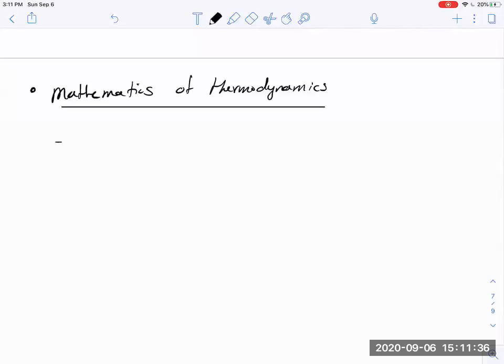Okay, we're going to introduce some language. For example, A, the Helmholtz free energy, is what we would call a natural function of T and whatever set of mechanical variables we're interested in.